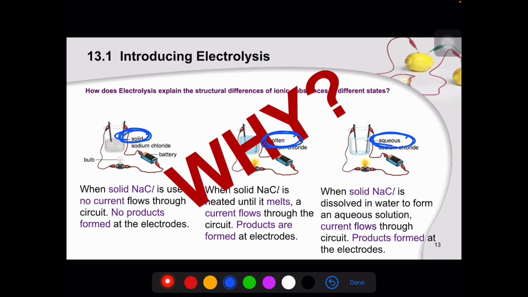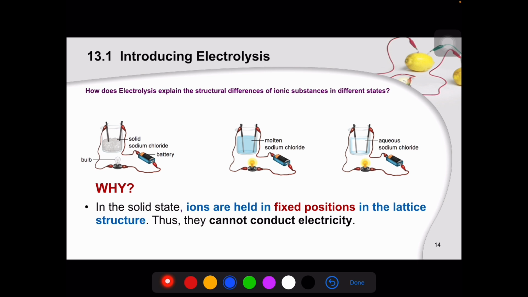Think about this for a second. You have actually encountered this before in Sec 3, where we learned how ionic substances can conduct electricity in the aqueous or molten state, but not in the solid state. I hope you still remember this. Basically, in the solid state, the ions are held in fixed positions, so they are vibrating in fixed positions. They are not free moving.